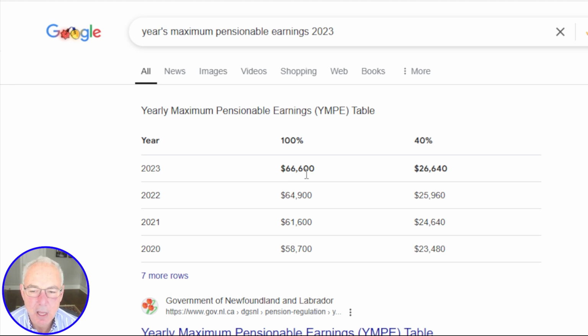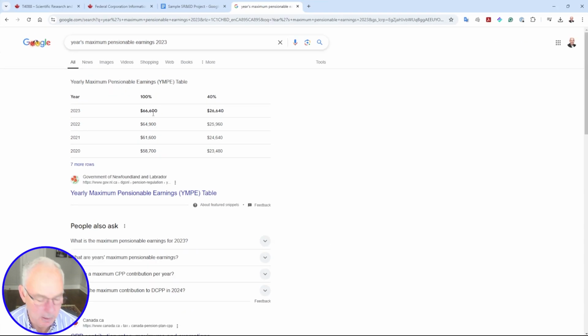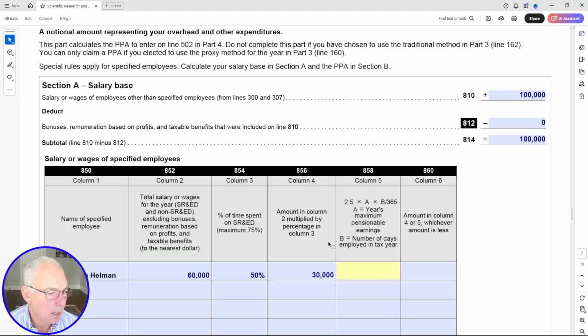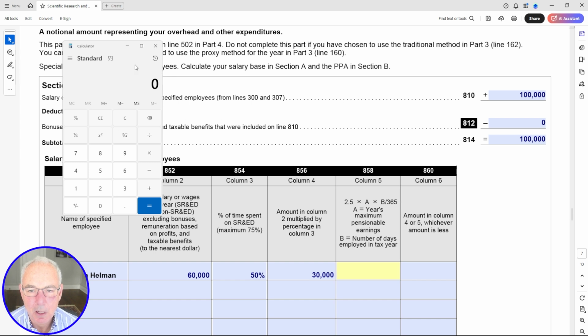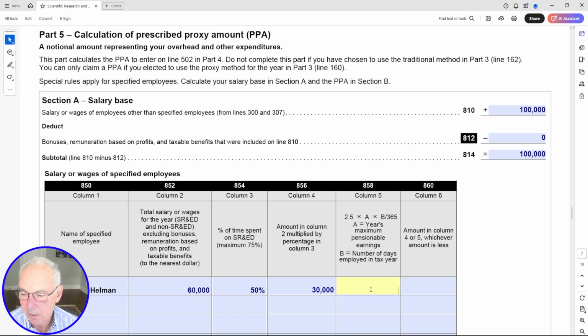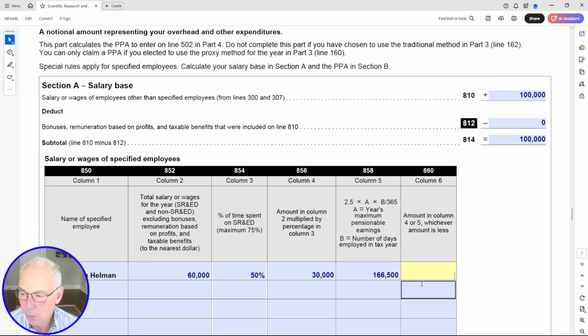So we can use that number now in our SRED claim. In fact, we need a little bit of a calculator. So we'll bring up our calculator for $66,600 times 2.5. So we have $166,500 in here. So which column is less, column 4 or column 5? Obviously, $30,000 is a lesser amount.